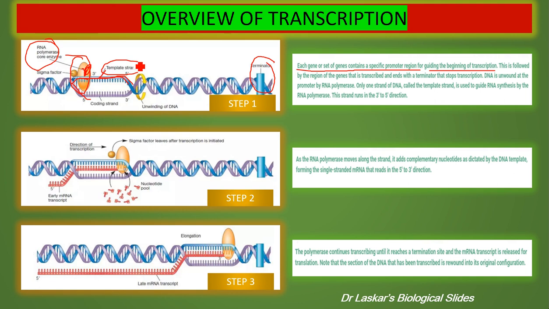So only one strand of DNA, called the template strand, is used to guide RNA synthesis by the RNA polymerase enzyme, and this strand runs in the 3' to 5' direction.